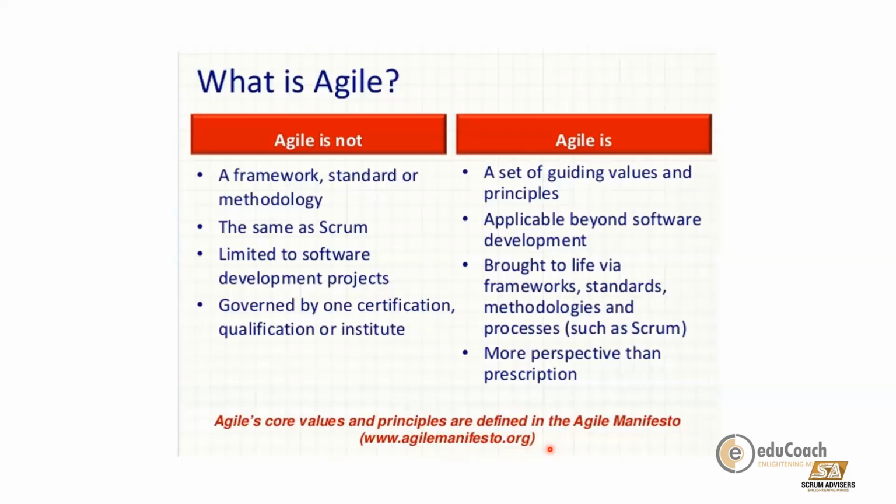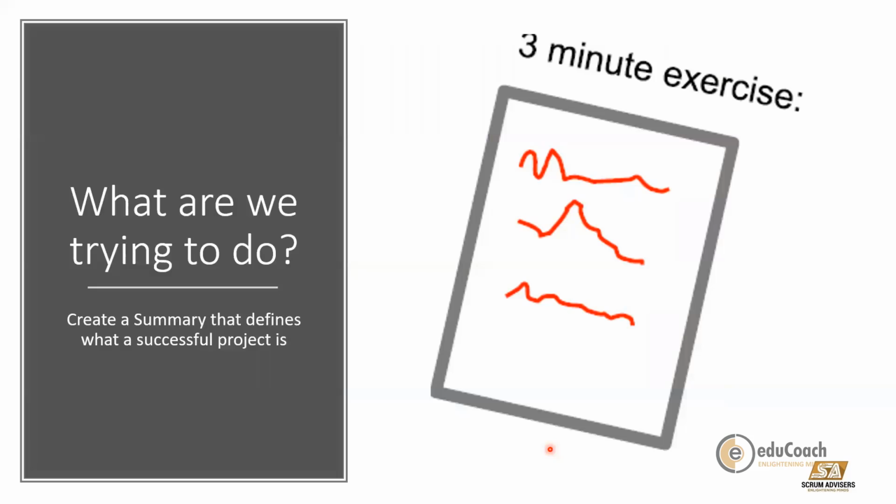Before we start, I want you to create a summary of what a successful project would look like in your case. If you were given a project, what steps would you follow, from requirement to development to final delivery and maintenance? Go ahead and put those steps in the chat window.